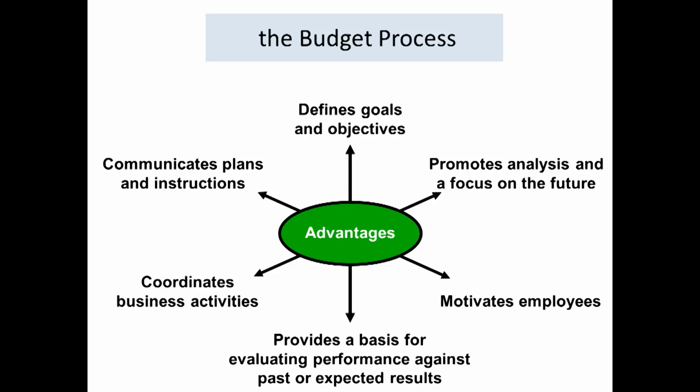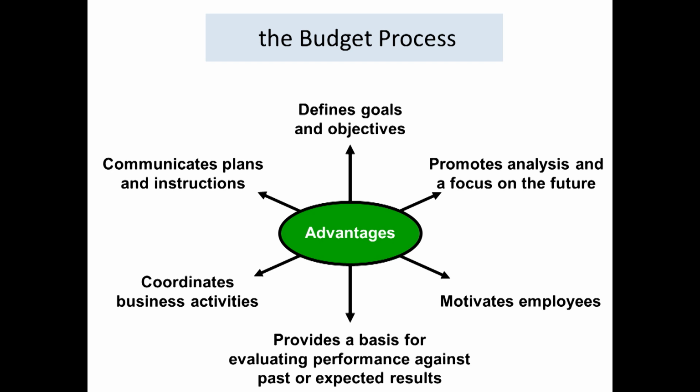So the same reasons that a couple might do budgeting are the same reasons that a company might do budgeting. Looking at the slide, it helps them define their goals and objectives and helps them focus on the future. It helps them communicate with each other as far as what their plans are. It helps them coordinate their activities.